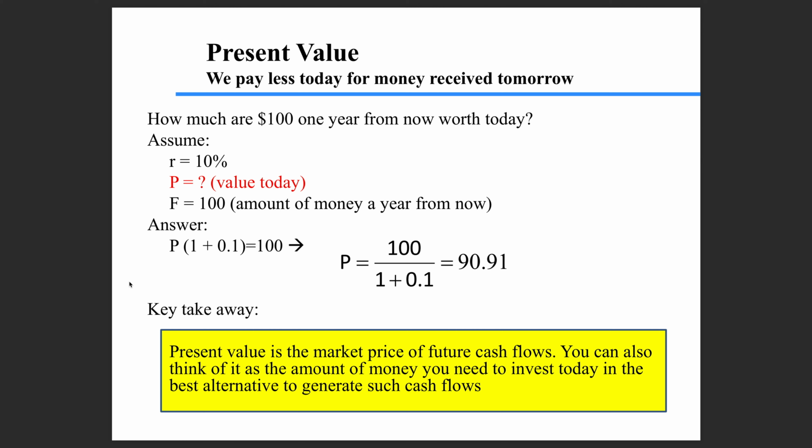The key takeaway from this exercise: the present value is the market price of the future cash flows discounted at the given interest rate. You can also think of it as the amount of money you need to invest today in the best possible investment alternative available to you to generate some future cash flow.